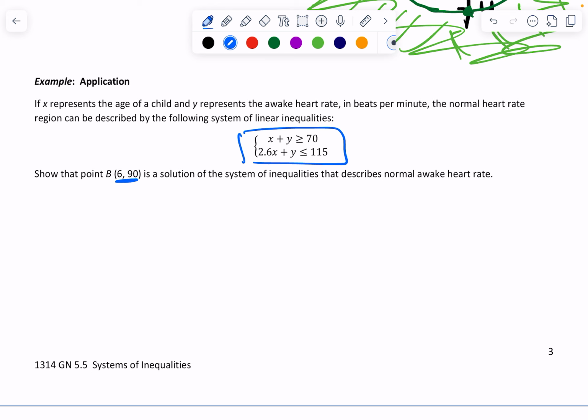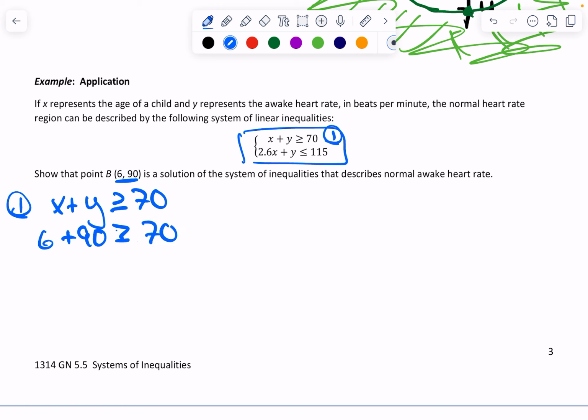So we're going to go ahead and plug it in. We're first going to take the first inequality here, x plus y is greater than or equal to 70. So plugging in (6, 90), 6 plus 90, 96 is greater than 70. That is true.